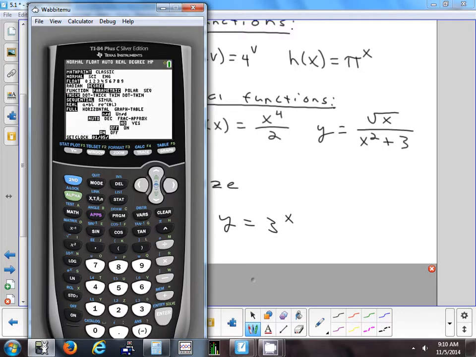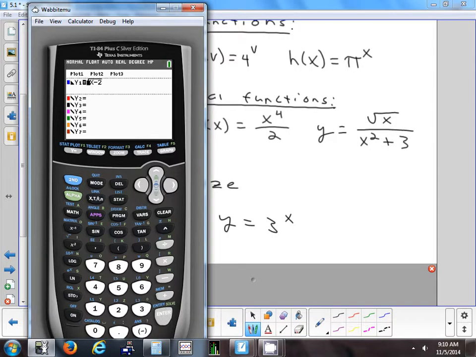Let's go back to function. We have 2 to the x. Because I don't want to shade above or below, if yours is set to shade, we'll just set it back on line.